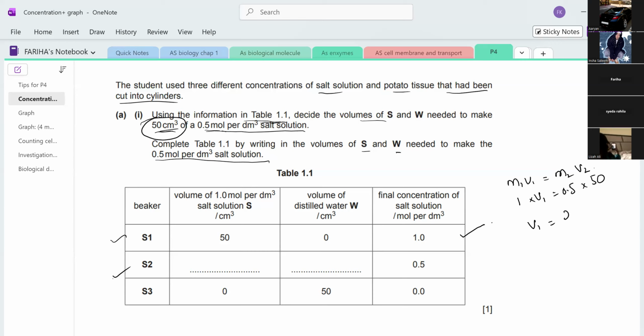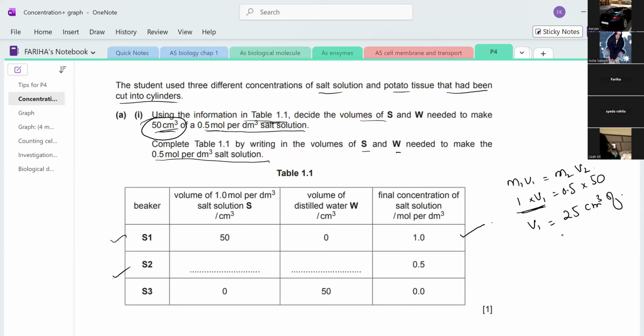25 cubic centimeter of salt solution. Is this V1 with salt solution, stock solution or final concentration? Stock solution.